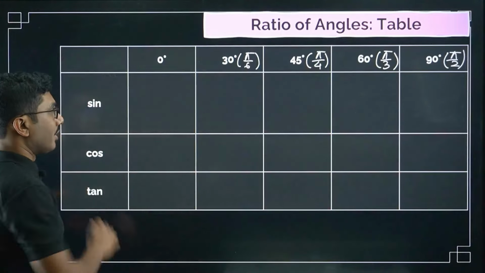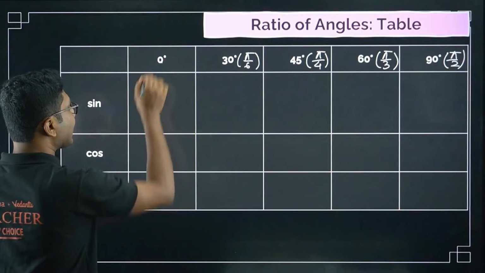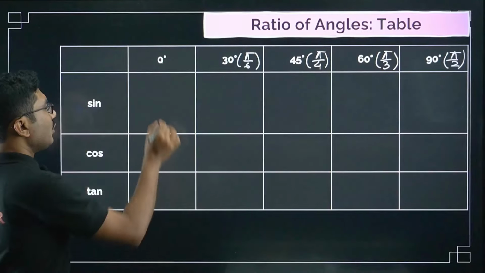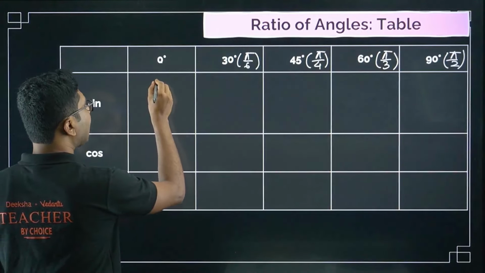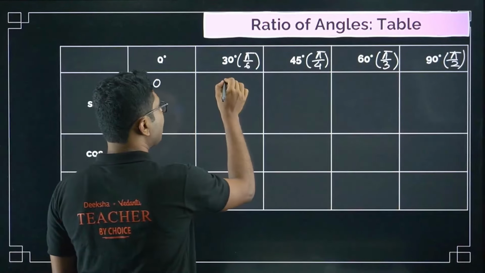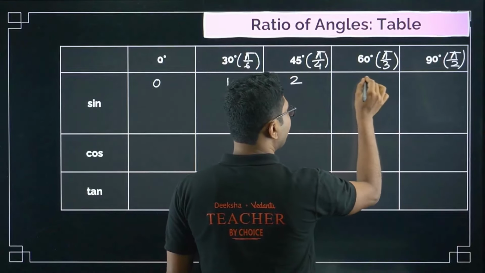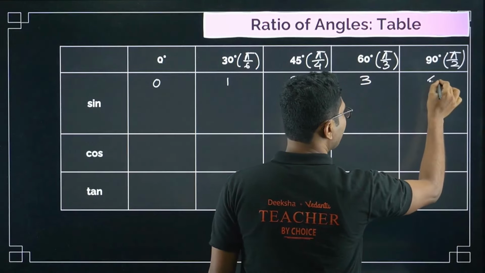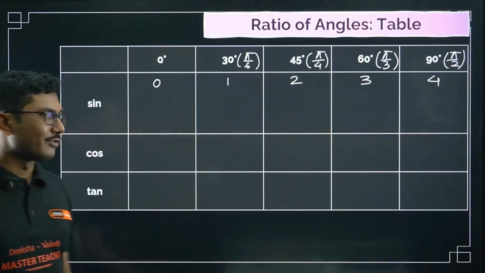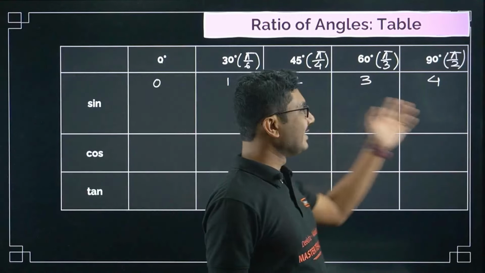Now how to remember the values? First we will start with sine and the first angle 0. So we start with 0. Next we put 1, then 2, then 3, and last we put 4. So 0, 1, 2, 3, 4. Right, so we have written the numbers.